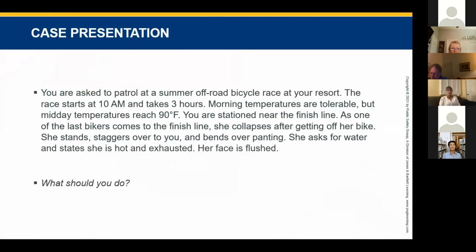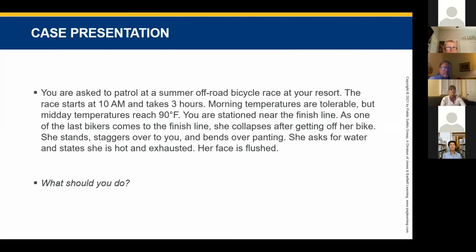Case study. Okay, here we go. I'm going to call on some people to give me some answers. You're asked to patrol at a summer off-road bicycle race at a resort. The race starts at 10 a.m. and takes 3 hours. The morning temperatures are tolerable.